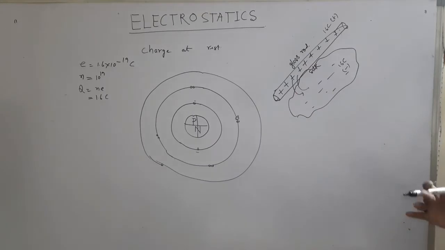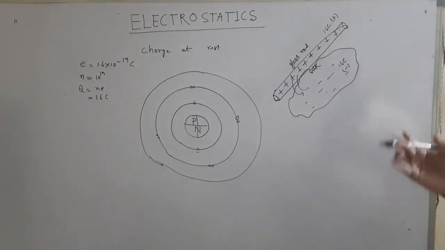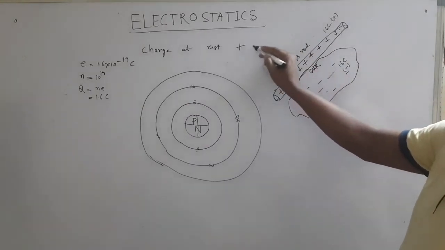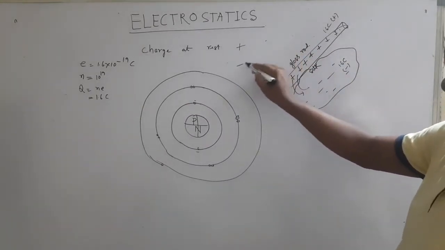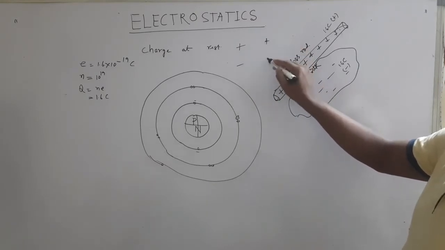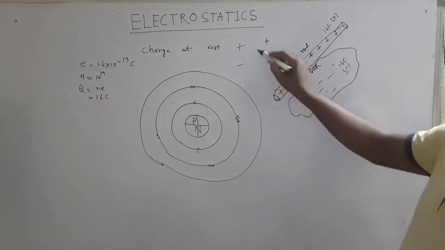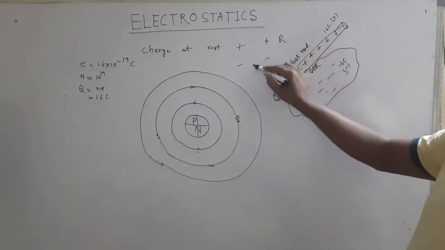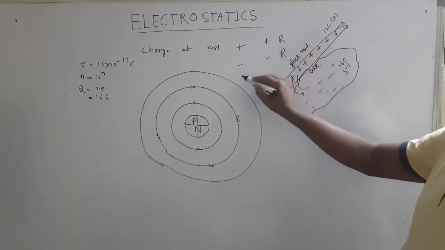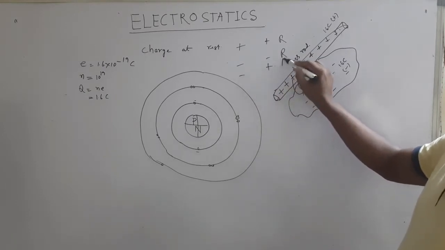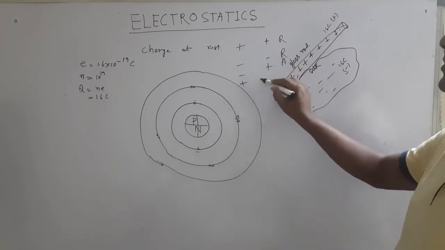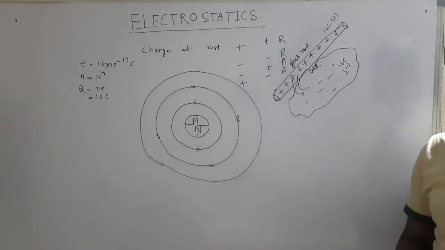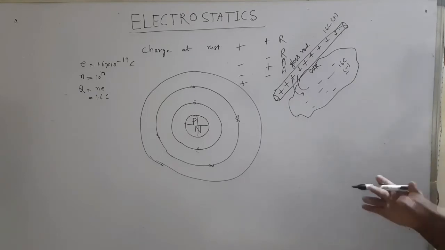As you might have studied in standard 8 or 9, positive charges repel each other, negative charges also repel each other, but positive and negative attract each other. That means like charges repel each other and unlike charges attract each other.